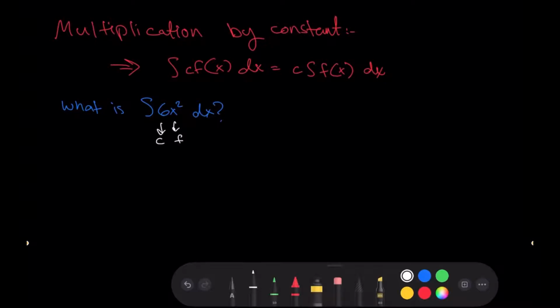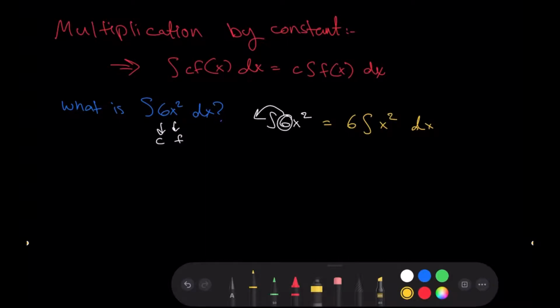So let's write the integral of 6 x powered by 2 here. What we're going to do is take 6 and put it in front of the integral. So it's going to be equal to 6 times the integral of x powered by 2 dx.